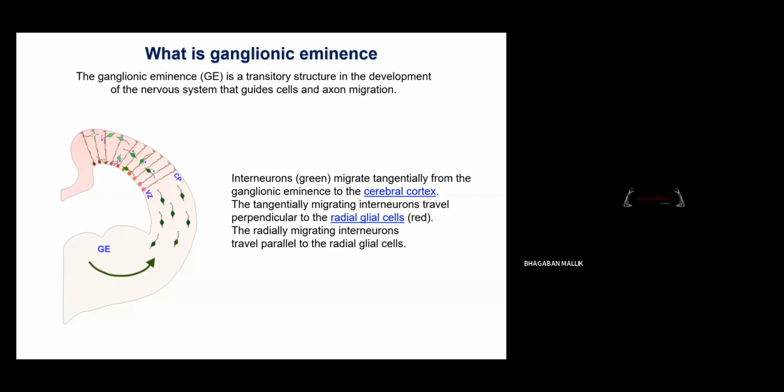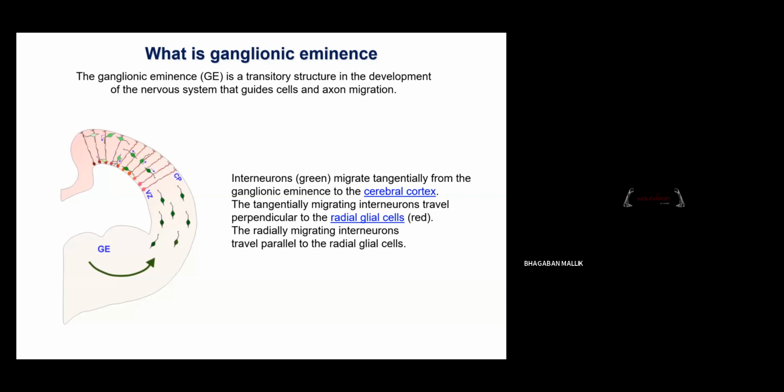So the structure looks like this, and here the cells are migrating tangentially, perpendicular. These are the red cells that you are seeing. These are the radial glial cells. These green cells are the ganglionic eminence cells.